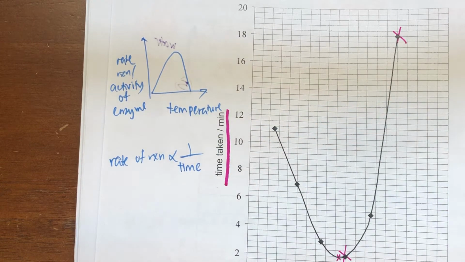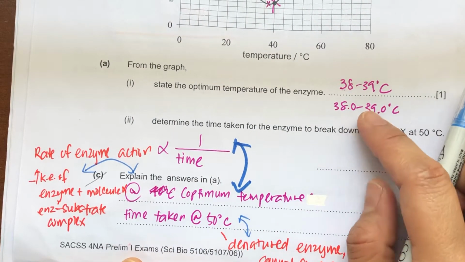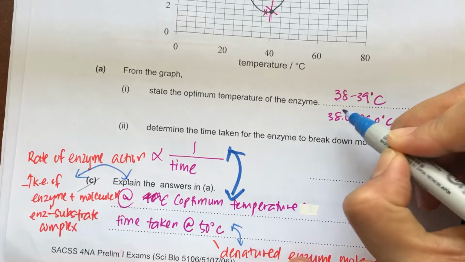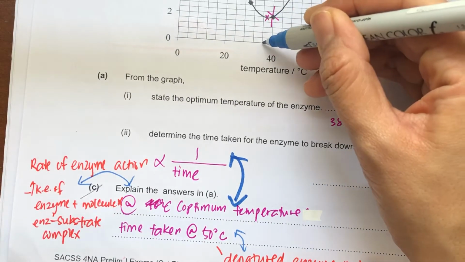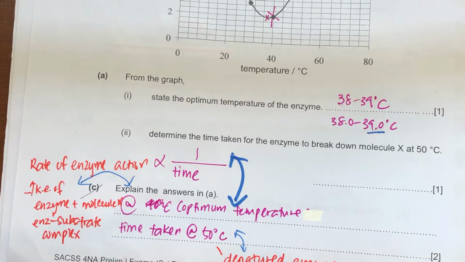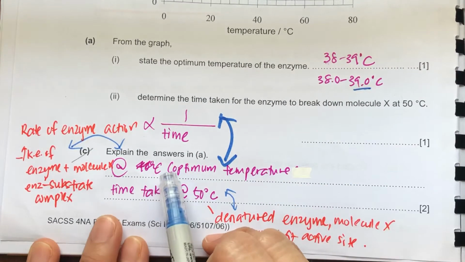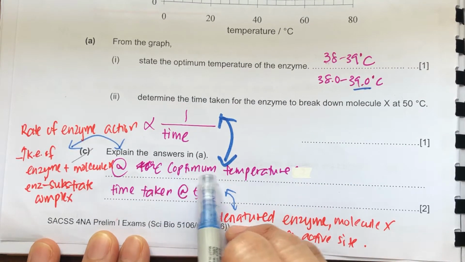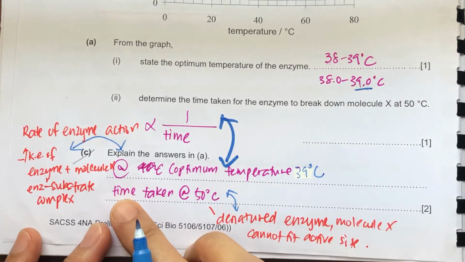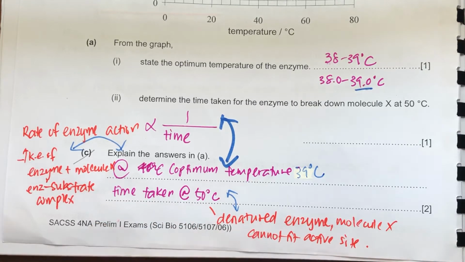So if I look at your question part C, the optimum temperature is about 38 to 39 degrees Celsius, let me check, I think 39 degrees Celsius. You're supposed to explain your answers in A. You need to explain the data showing that the optimum temperature is 39 degrees Celsius, and the other thing you need to talk about is the time taken at 50 degrees Celsius.